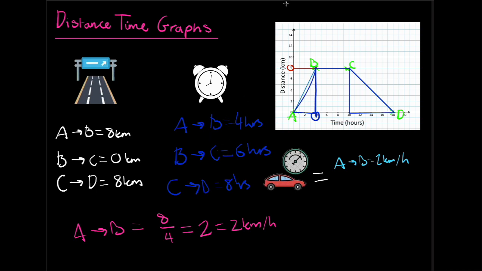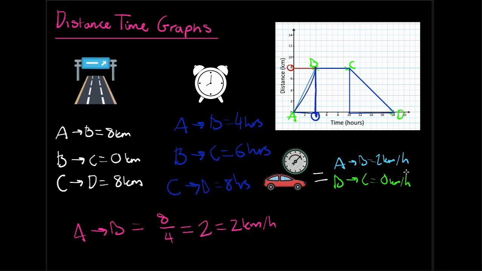So this means B to C is going 0 kilometers an hour. This kind of makes sense because we're not actually travelling from B to C, it's just a straight line. And now we have, again, like in my video from yesterday, direct proportion.